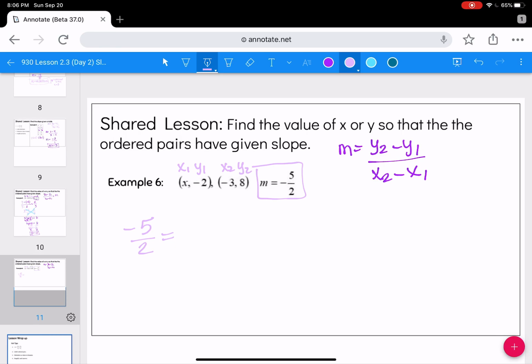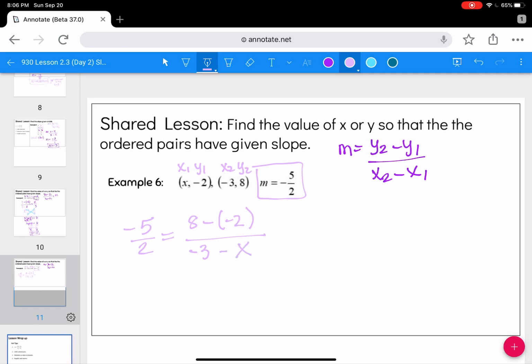It's easy to forget right at the beginning, so make sure that you guys get in the habit of doing that. So we have negative 5 halves is equal to, my y2 value here is 8, minus my y1 value, which is negative 2, over my x2 value, which is negative 3, minus x, which is my x1 value.